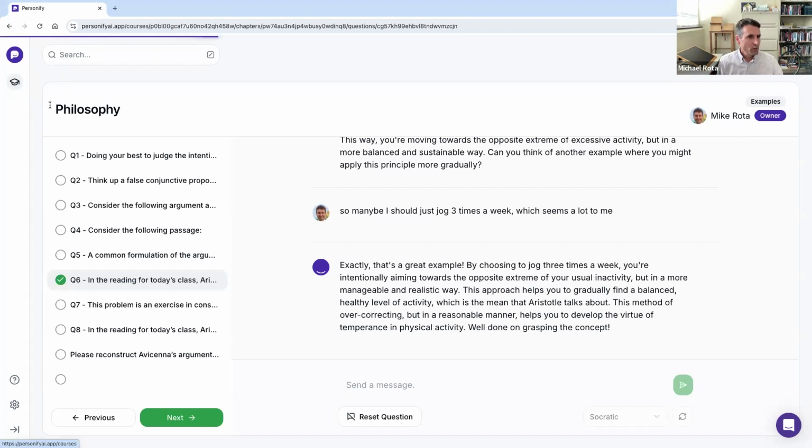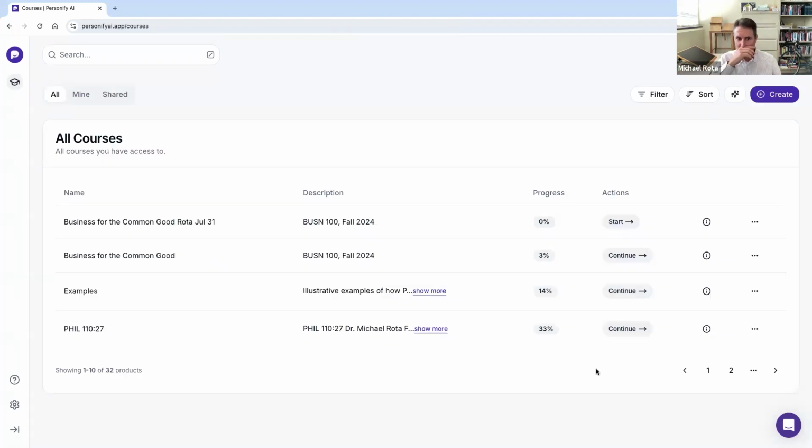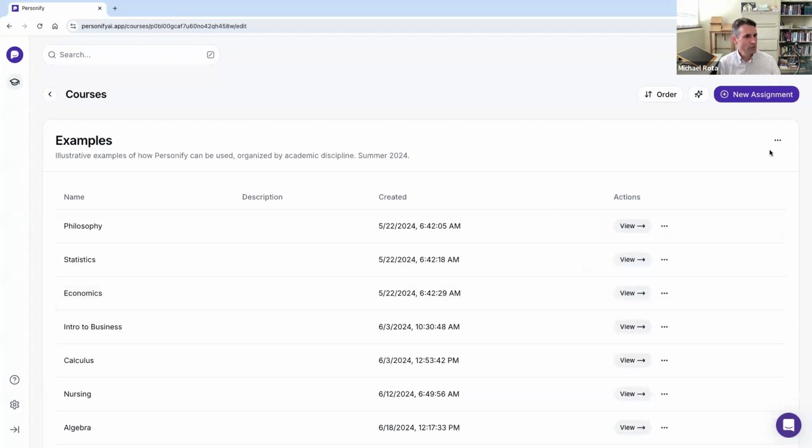Okay, very briefly, I want to get people on the platform to experiment because that's a lot of fun, but I'll just show a few other features. You can create courses manually in the way I showed you by typing in questions and answers. You can also create courses and assignments with this little diamond in the sky icon to the left of the new assignment button.